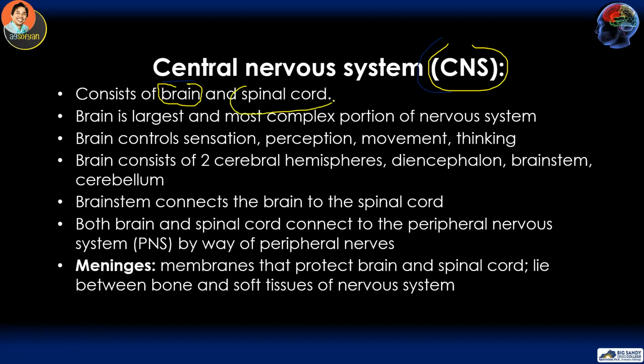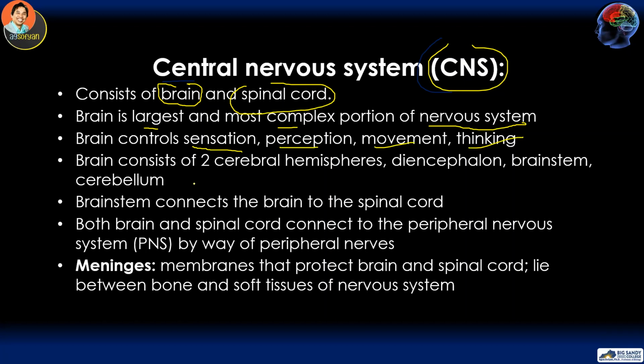and the spinal cord. The brain is the largest and the most complex portion of the nervous system. It is the largest part, and it has the most number of neurons, the interneurons. The brain controls almost everything, including sensation, perception, movement, thinking, our behavior, and memory.